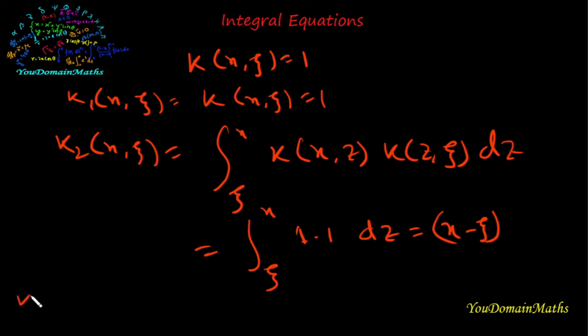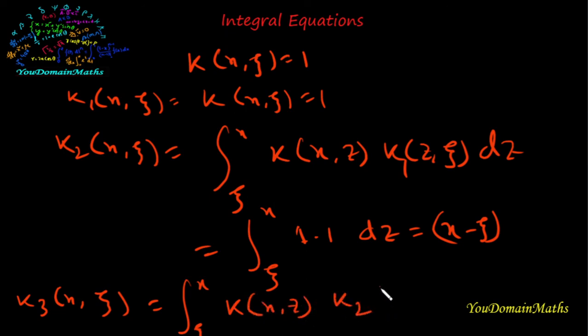And when we put this in K3(x, xi), the kernel here is 1, and the next K2 is written as the integral from xi to x of K(x, z) K2(z, xi) dz.